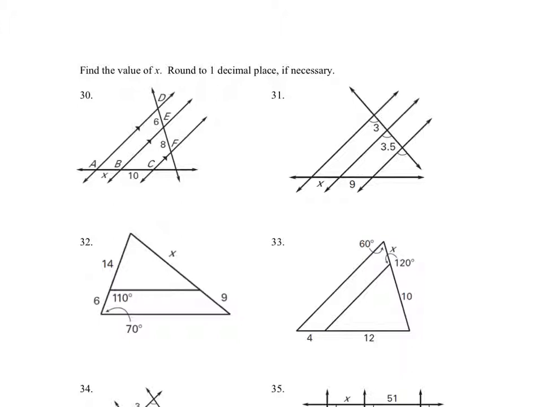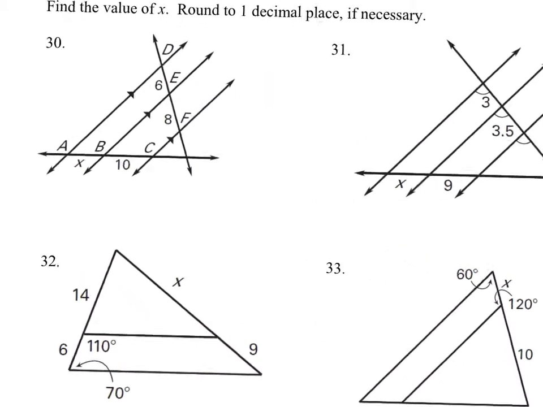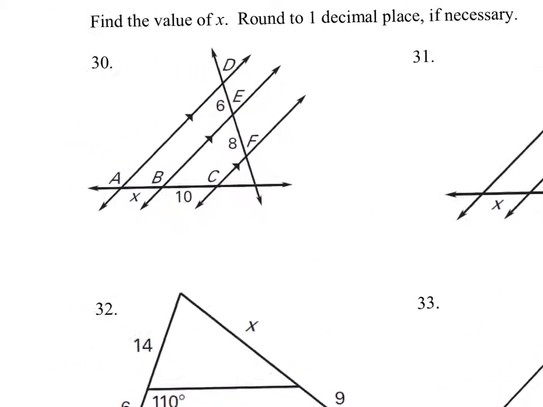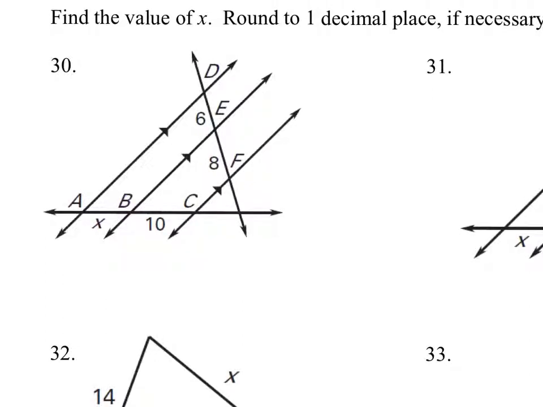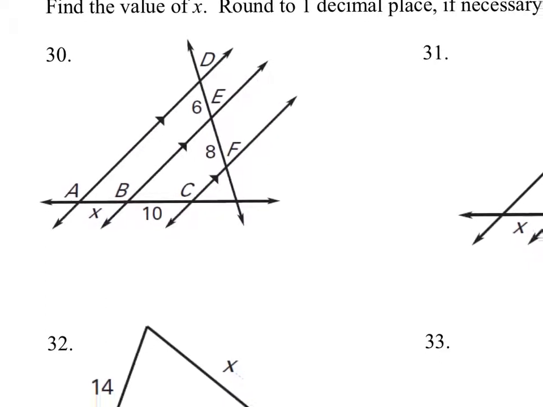All right. Here we have some more solving problems. This is just kind of a continuation of what we did before. So looking at number 30, this also relates to that last lesson, 6.6, that we did, where if you have 3 parallel lines cut by 2 transversals, what you'll have is you'll have 4 segments. So my segments are x, 10, 6, and 8, and those form a proportion.